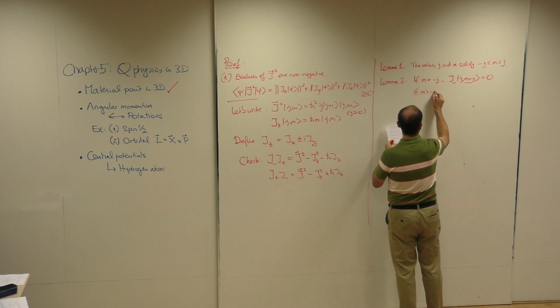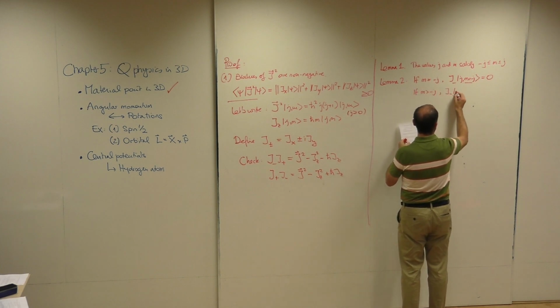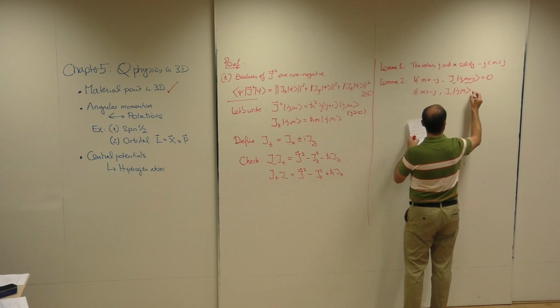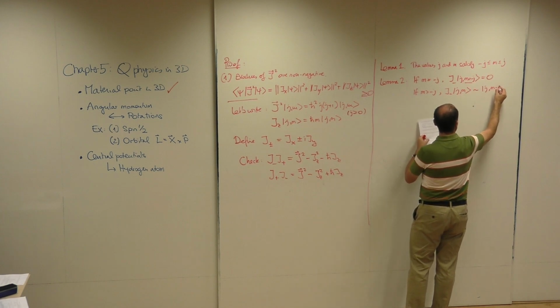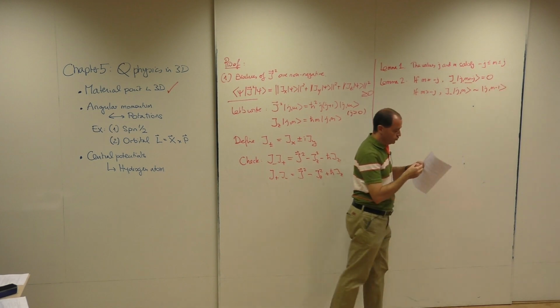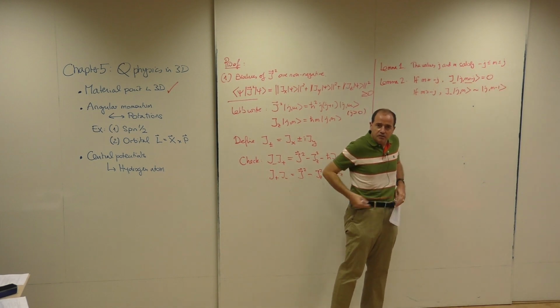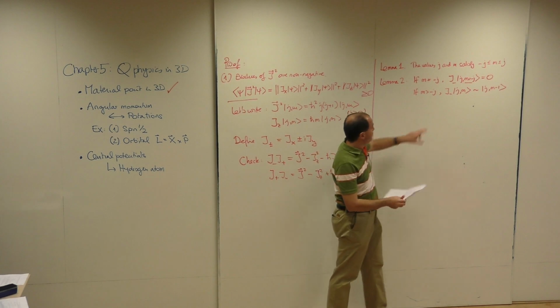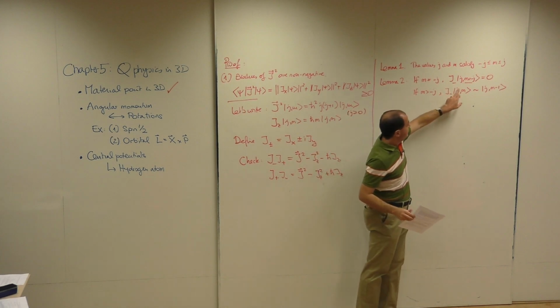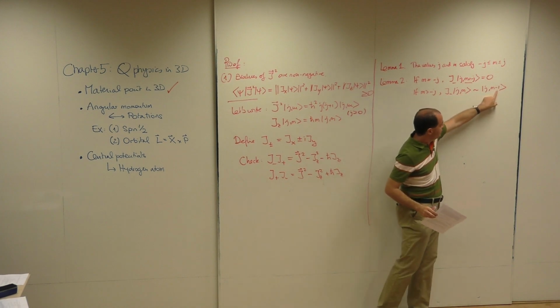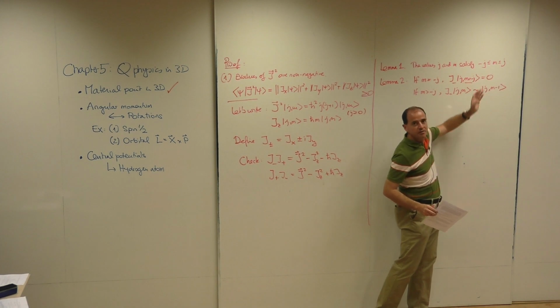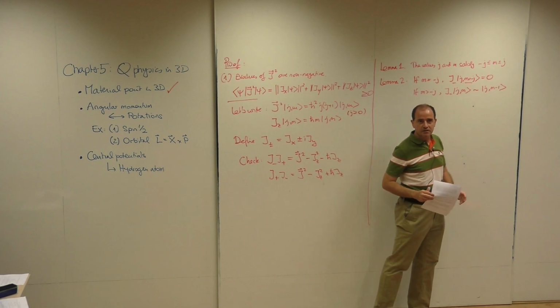If M is strictly larger than minus J, J minus Jm is proportional to Jm minus 1. So this is similar to the annihilation operator, right? This J minus is such that it removes one excitation from M. M goes to M minus 1, and if it's already at the bottom, it will kill the vector completely.